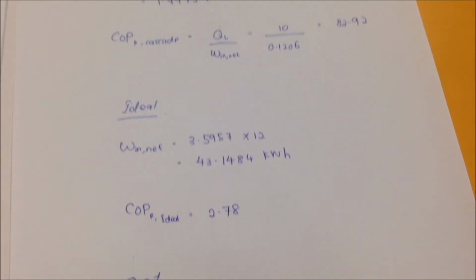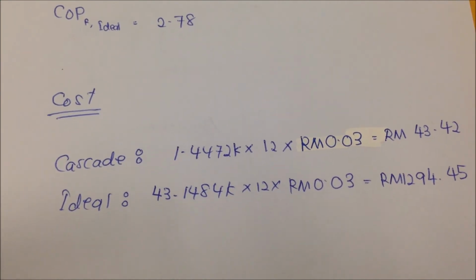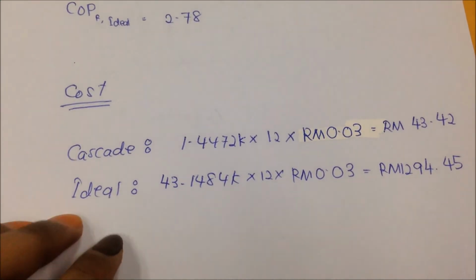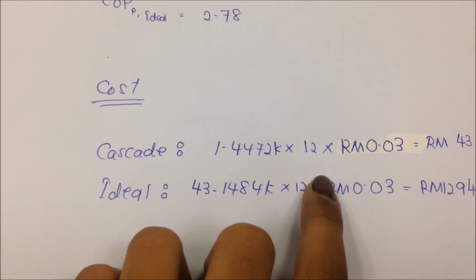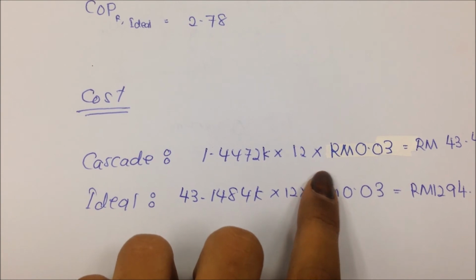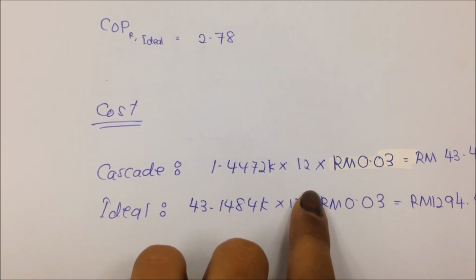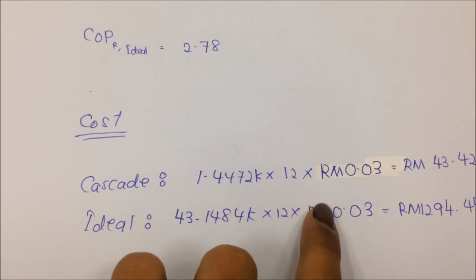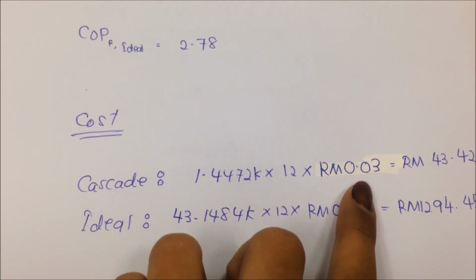Finally, for the cost comparison between Cascade and Ideal, we refer to this value from the TNB, which is 21.8 cents for the month, but then we convert it for the hour.